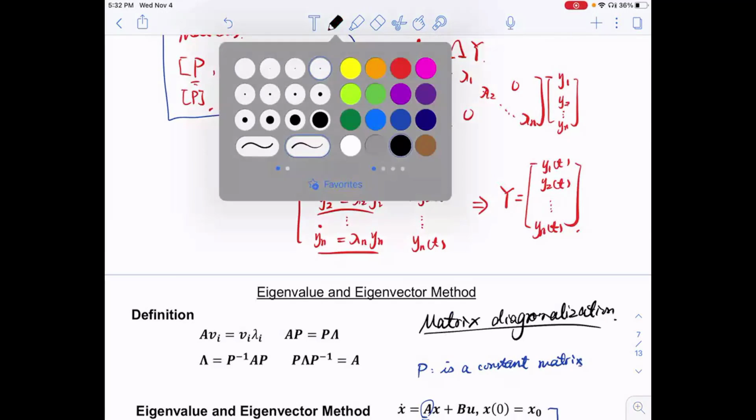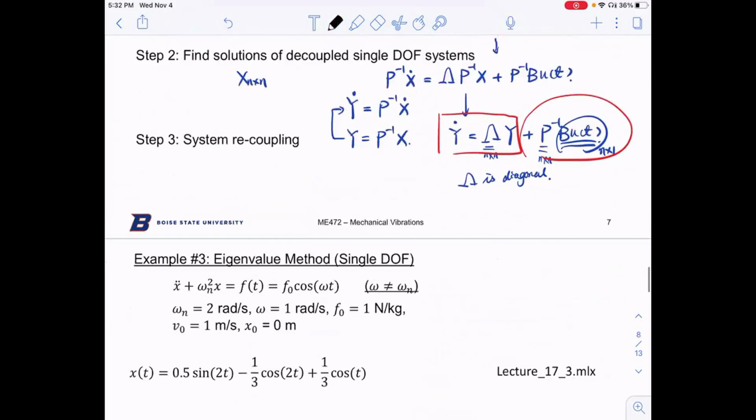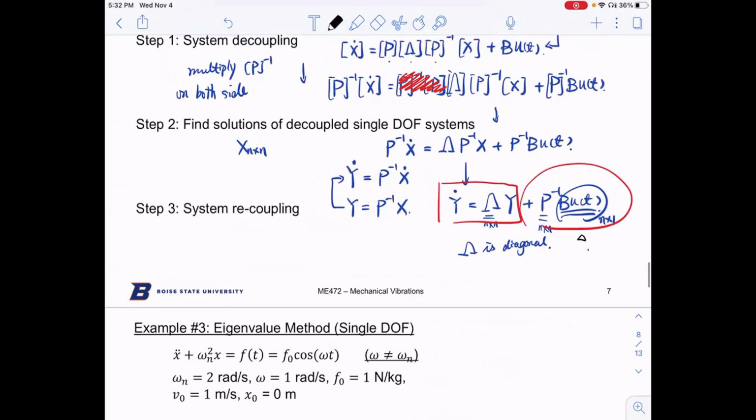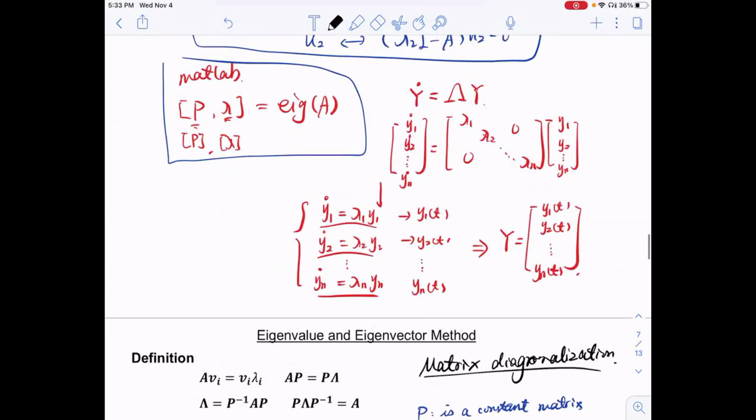Up to this point, we ignored the additional input term. If you do want to keep your input term there, let's say P inverse B u is just k1(t), k2(t), eventually just an n by 1 time dependent function, then nothing special. You just need to add these input terms in the end.